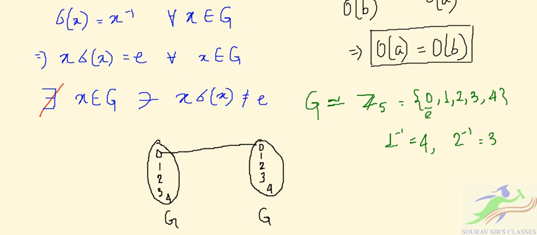And this is the sigma mapping. So this is G equal to Z5, and this is also Z5. Here you can see that 0 to 0 is a homomorphism.